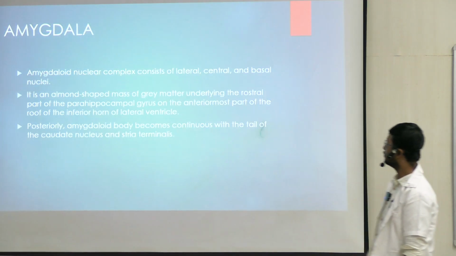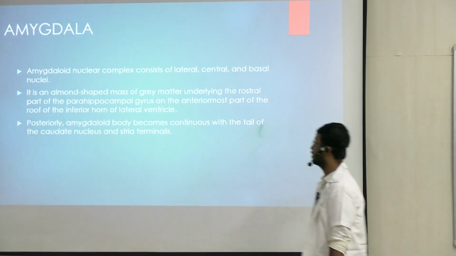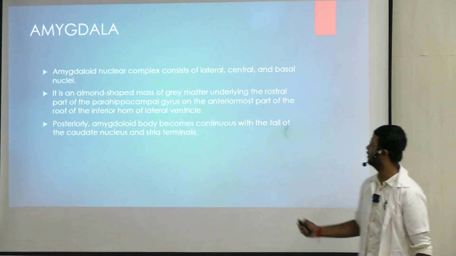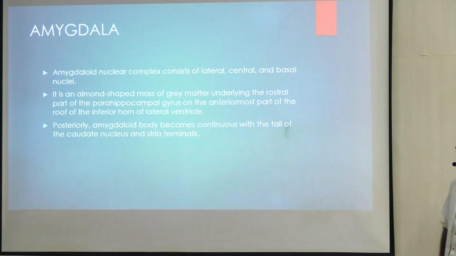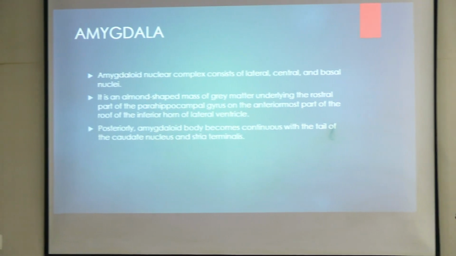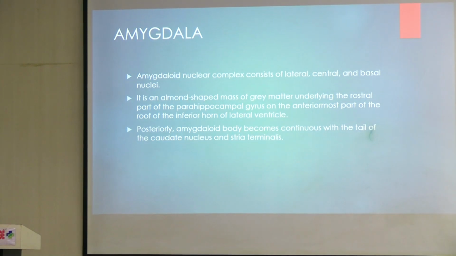Okay. Now coming to the amygdala, it is basically an almond shaped mass of grey matter. So it is also a grey matter. Okay, underlying the rostral part of your parahippocampal gyrus, and posteriorly it continues with the tail of the caudate nucleus and stria terminalis. Just this much from your amygdala point of view.